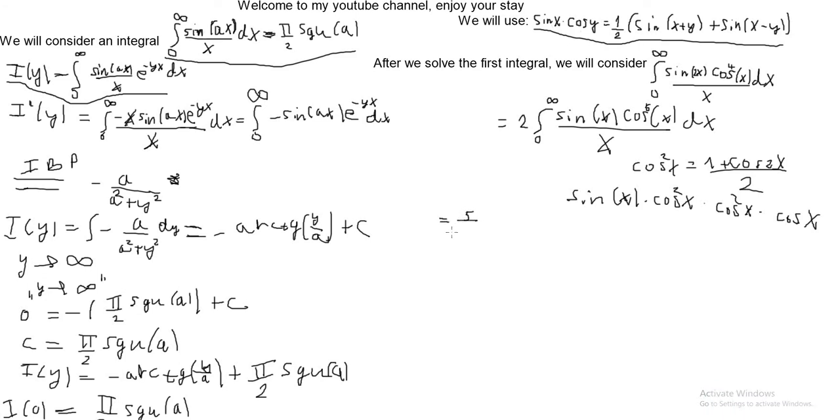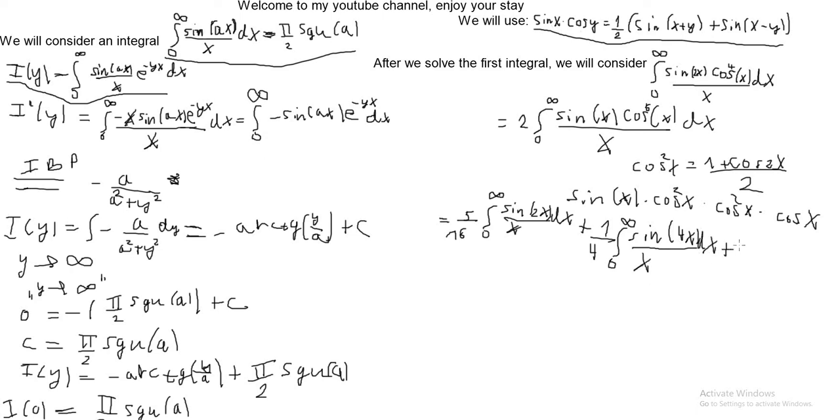You will get 5 over 16 times an integral from 0 to infinity of sine of 2x divided by x dx, plus 1 over 4 times an integral from 0 to infinity of sine of 4x divided by x dx.